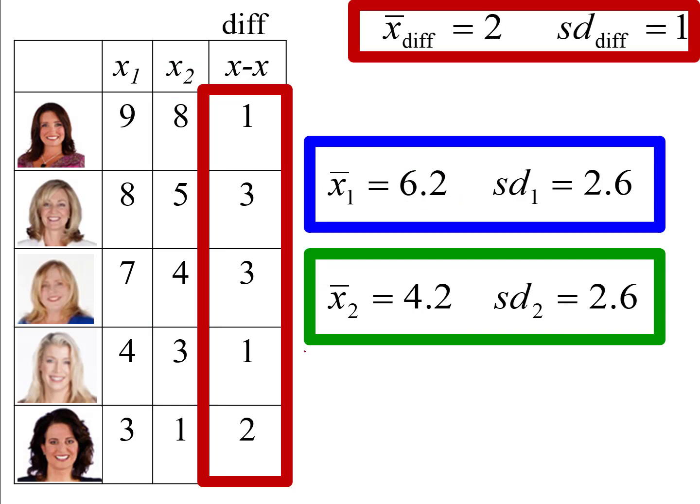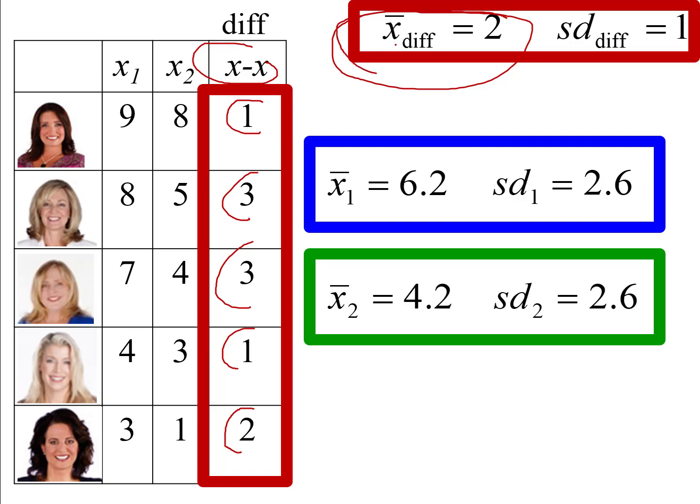And, here we go, we can calculate the mean and the standard deviation for the difference score. Let's do that. We have these difference scores: a 1, a 3, a 3, a 1, and a 2. If we add those up and divide by 5, we will have the average difference score. It turns out that the average difference score is equal to 2.